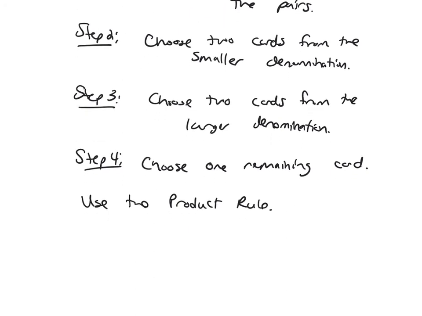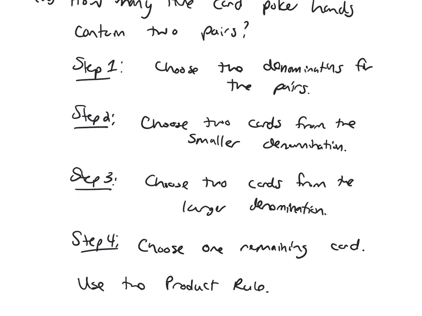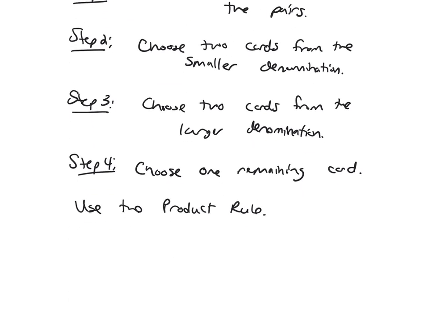So let's start with step 1. So choose the denominations for the pairs. So there are 2 pairs, and how many possible denominations? Well, there's 2, 3, 4, 5, 6, 7, 8, 9, 10, jack, queen, king, ace. There's 13. So 13 choose 2. And then you're going to multiply that.